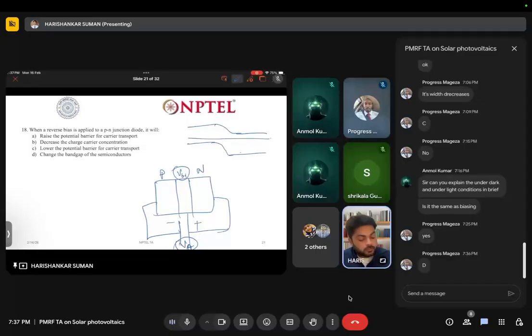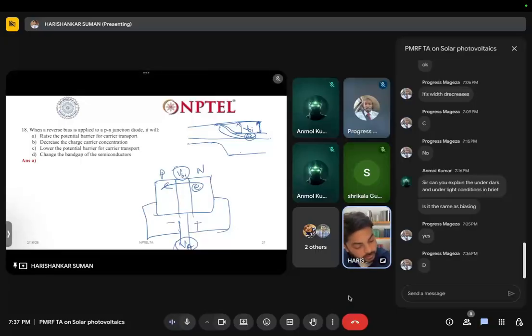This is without biasing. This is the potential barrier, called the built-in potential VBI, which the electron has to cross. To cross this barrier, it needs that much energy or applied force.